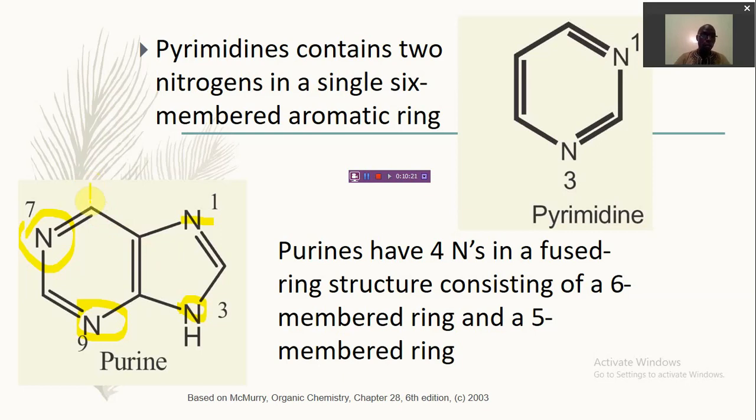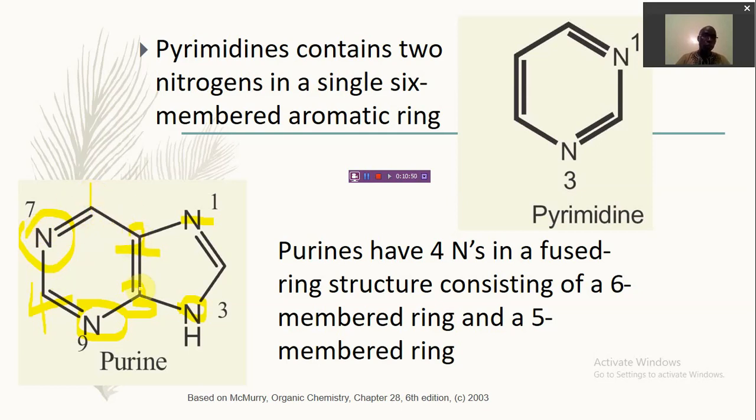If you begin here, that's atom number 1, number 2, number 3, number 4, 5, 6. Okay, that's 6-membered, which means in the ring structure we have 6 atoms.